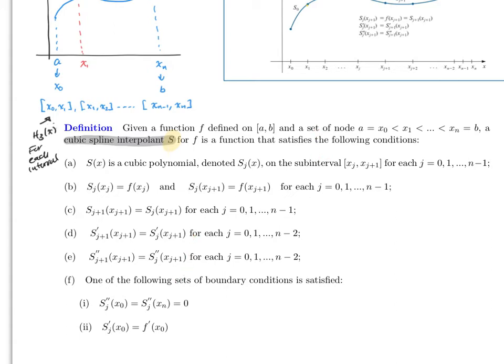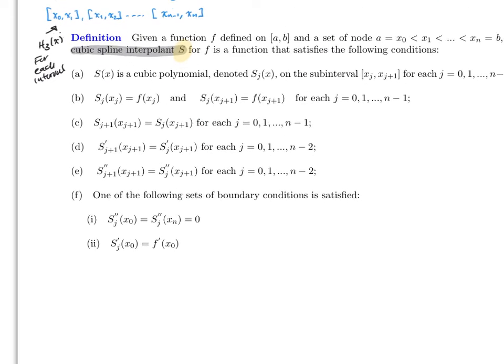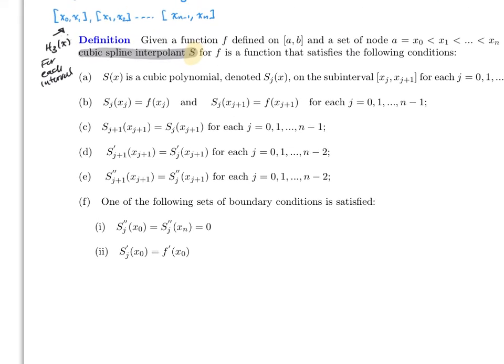And then for condition F, you have two choices. If the second derivative equals 0, remember what the second derivative equals 0 means from calculus, so just think about that. This one is going to be called a natural or free boundary spline.